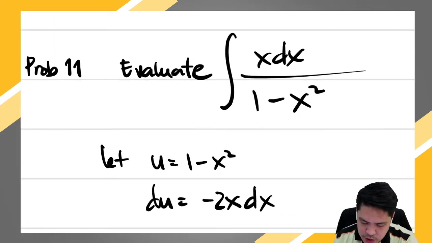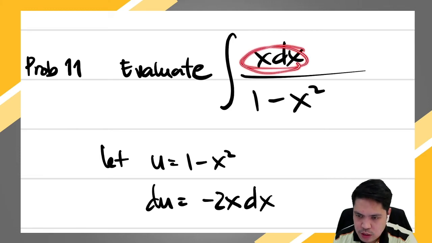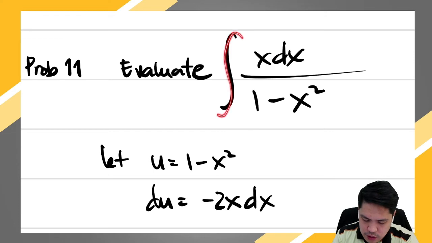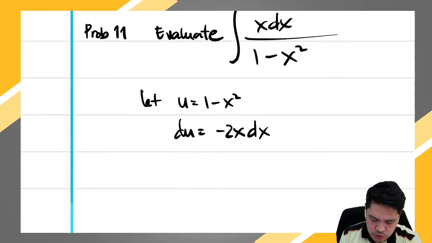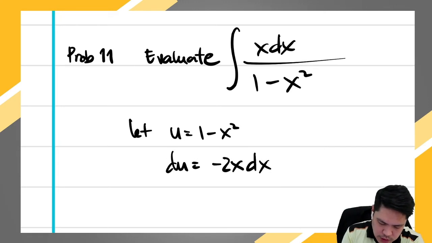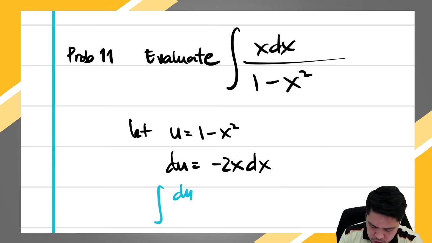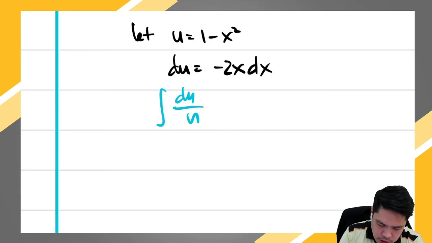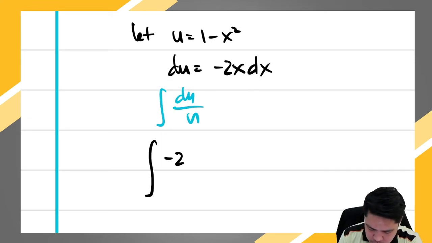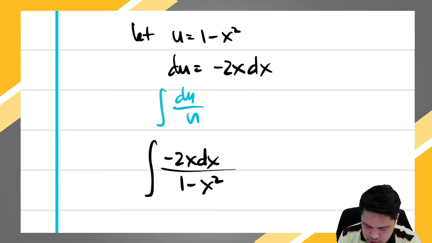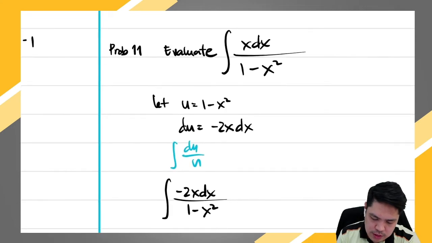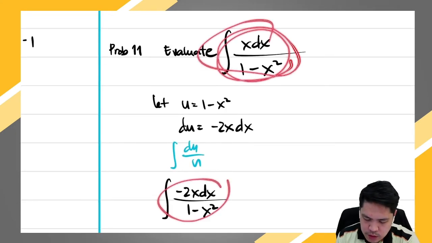Here the numerator is also first degree, so it is similar. Therefore this is a case of the integral of du over u. If we reconstruct the integral of du over u, then we'll have the integral of du, which is negative 2x dx, over u, which is 1 minus x squared, which is not the same as the given integral.